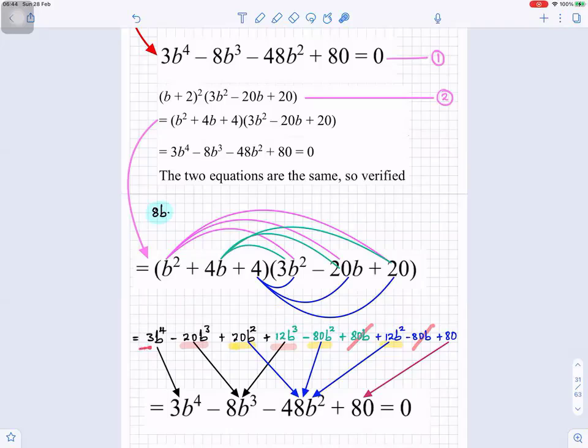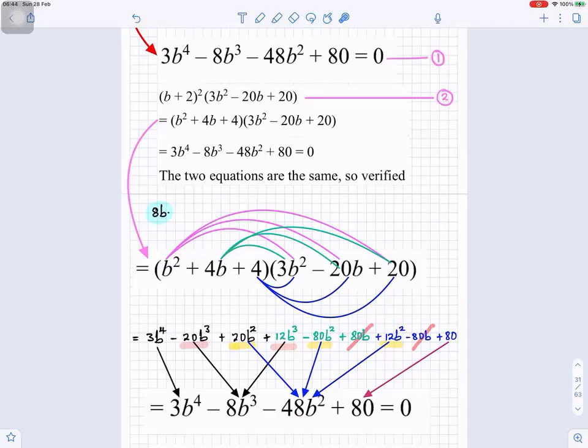And 3b to the 4, you got that, minus 20b cubed and 12b cubed will give you minus 8b cubed, plus 20b squared and minus 80b squared and 12b squared will give you minus 48b squared.